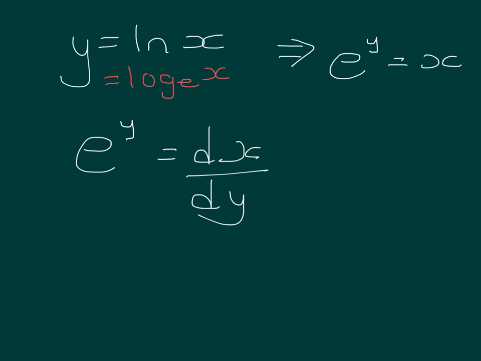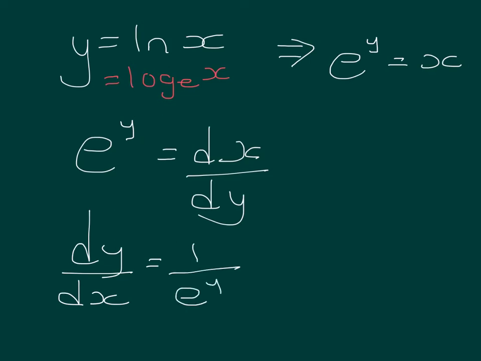So this means that dy by dx, the thing that I'm actually wanting to find, will be 1 over e to the y. Now if we remember, e to the y is just equal to x. So this gives me 1 over x.